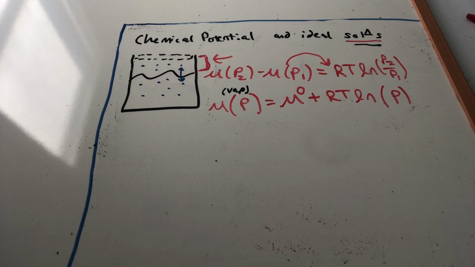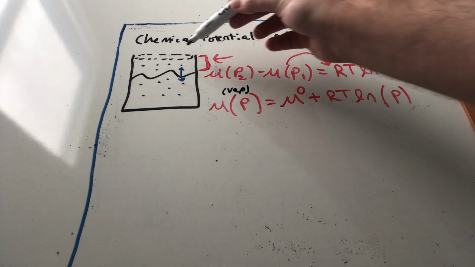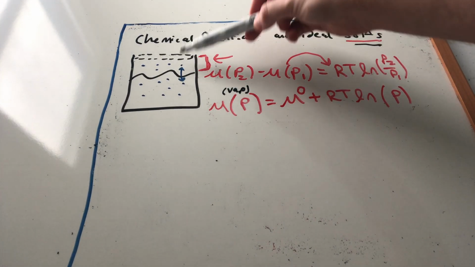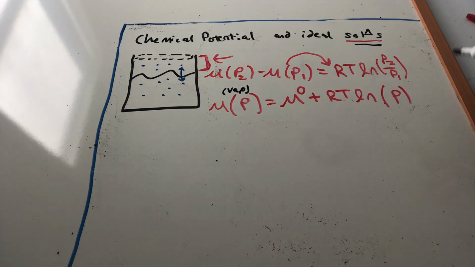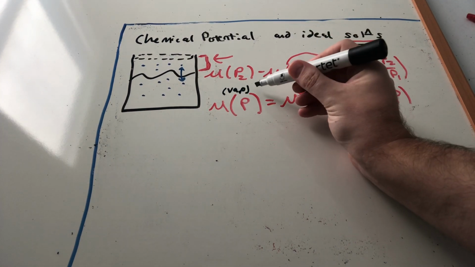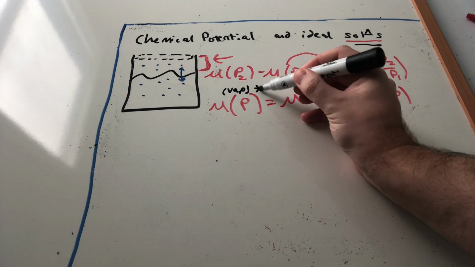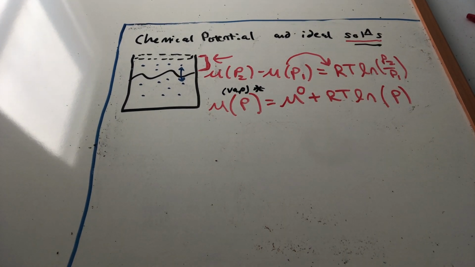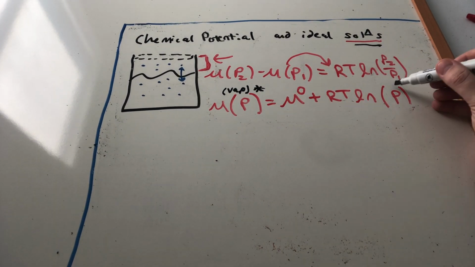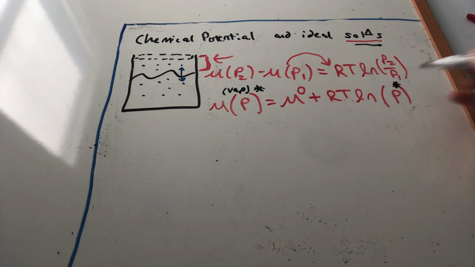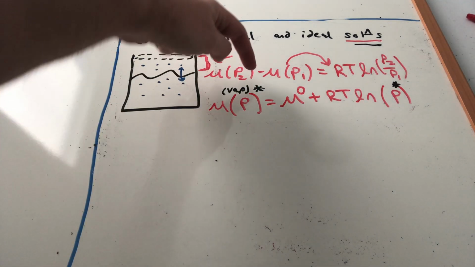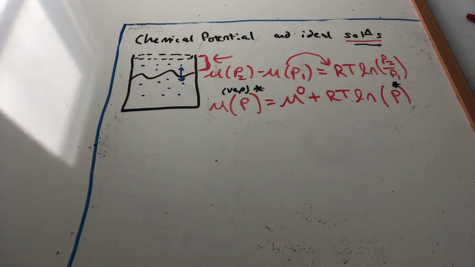This is also for a pure situation. Notice this is not a solution yet. So we're going to say this is the chemical potential for a pure vapor pressure, and over here this P would also get a star. We're going to use this superscript star to indicate that we have pure species, or that we're looking at the chemical potential of pure species.